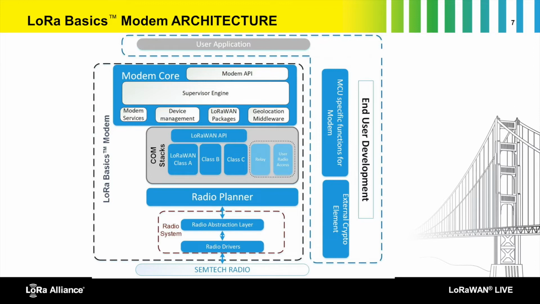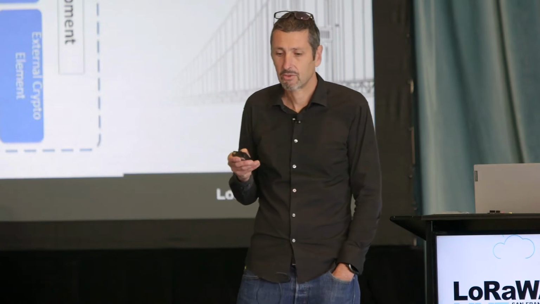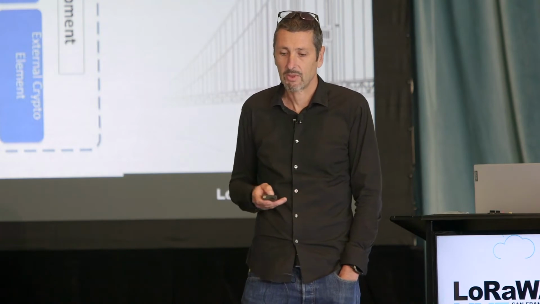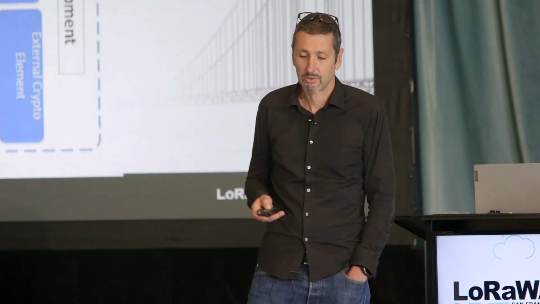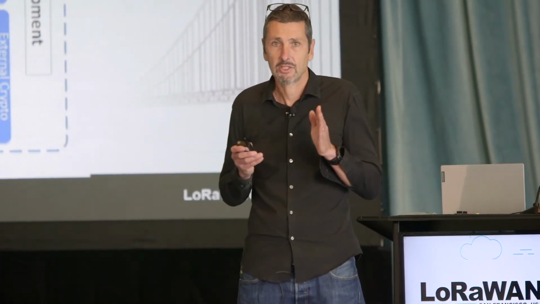What is useful for us is that, as you know, and it is the case for most of the previous stacks, it's very easy to use the stack with LoRaWAN, but it's very difficult to share the radio between LoRaWAN and another stack. Interleaving LoRaWAN communication and other communication is difficult with the previous stacks.